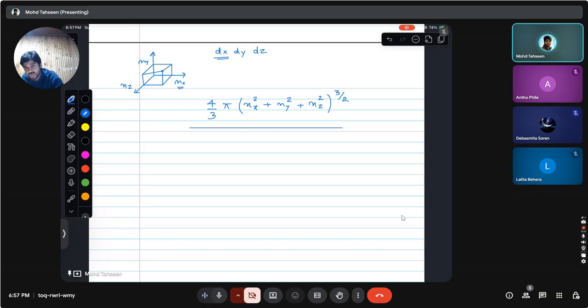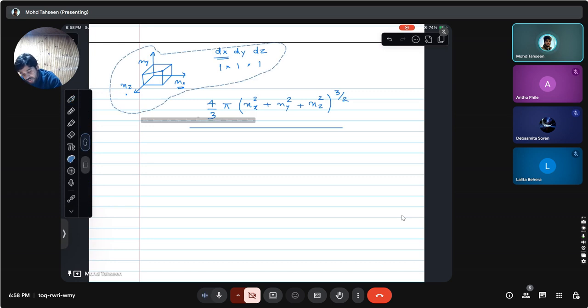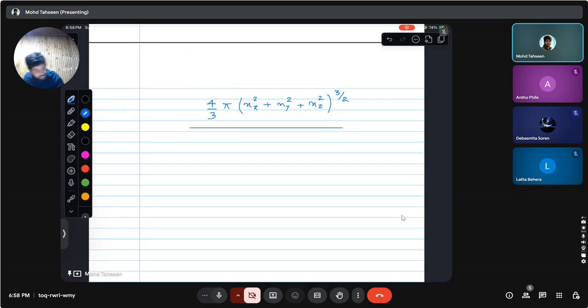I cannot go 0.1 to the next state. I can have an increment of 1 in each coordinate. So dx would be 1, dy would be 1, dz would be 1. So the volume occupied by a single state is 1.